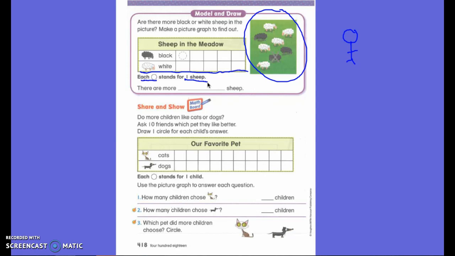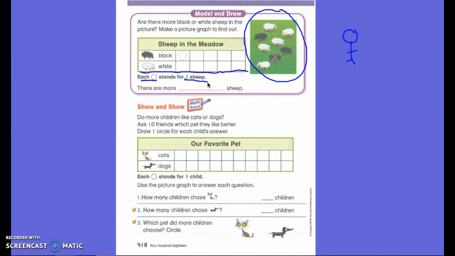What is the title of my graph? Good job. Sheep in the meadow.